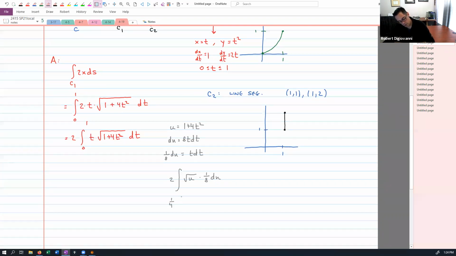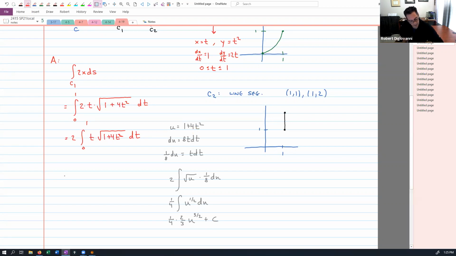It becomes 1/4 integral of u to the half du. And then I use the power rule, which gives me 1/4 times 2/3 u to the 3/2 plus a constant. And then I replace u with the original substitution.